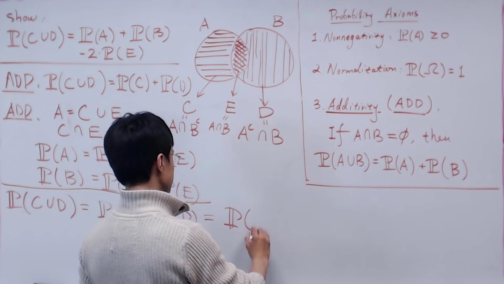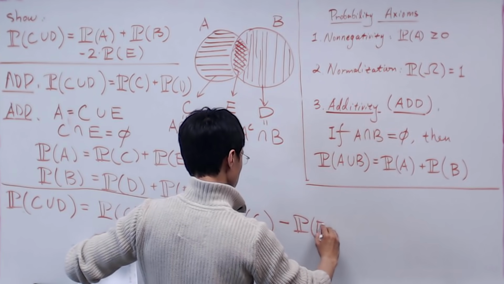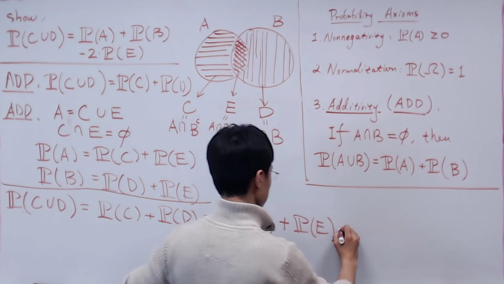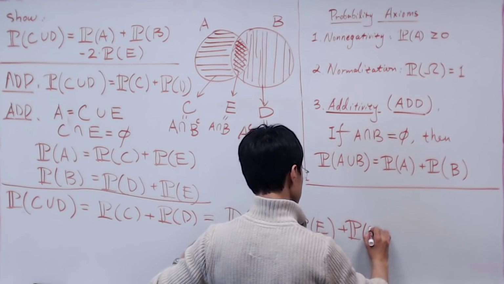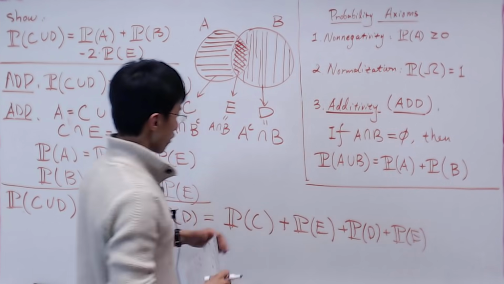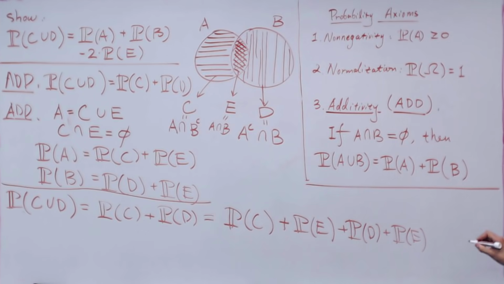That is, I will write probability of C minus probability of E, plus probability of E, plus probability of D, plus probability of E. Now I've just added two terms here, probability of E. So to make the equality valid, we'll subtract out 2 times the probability of E. And hence, this equality is valid.